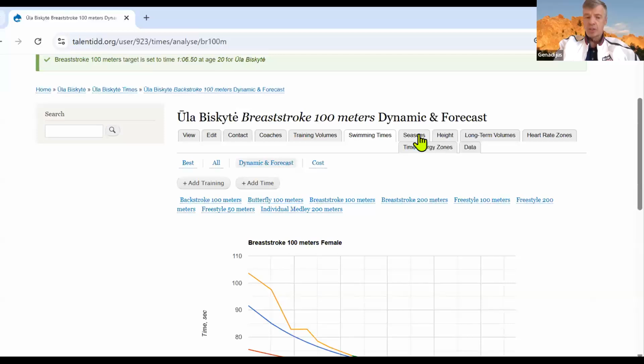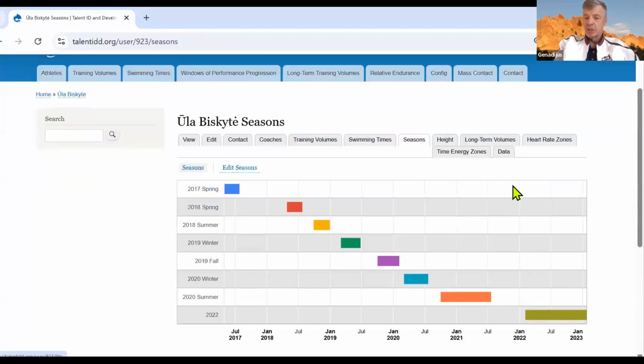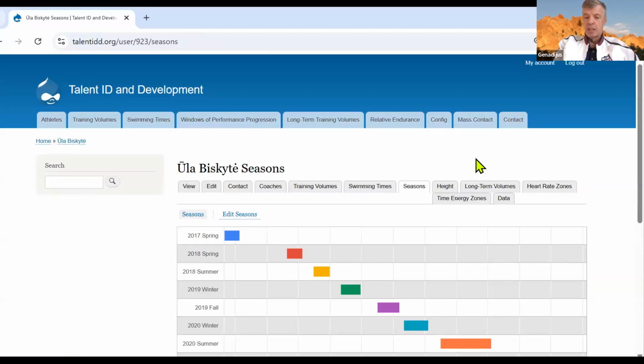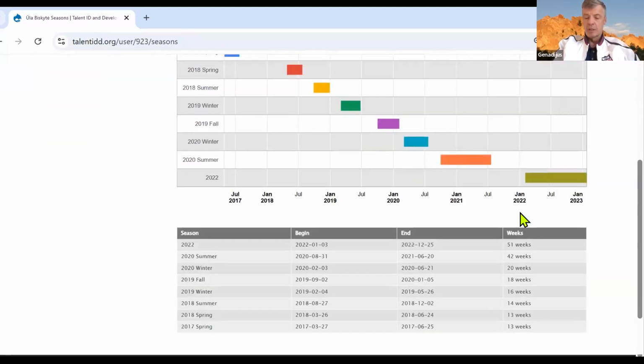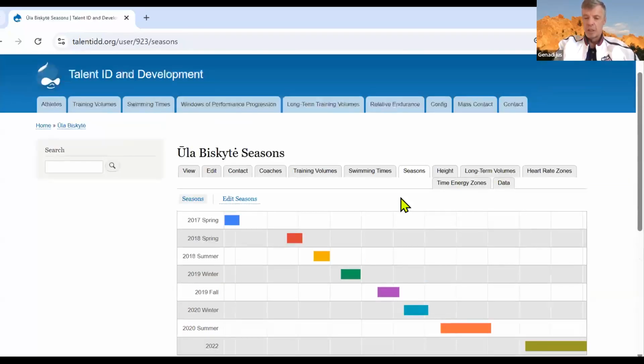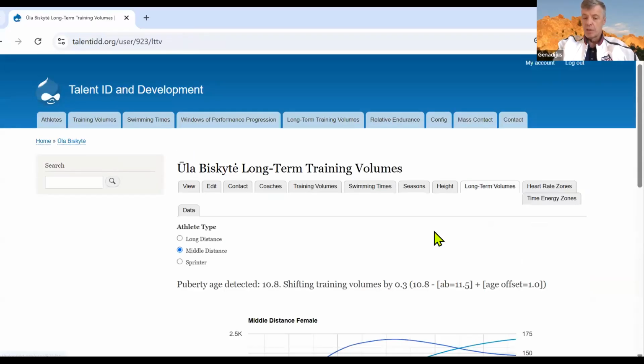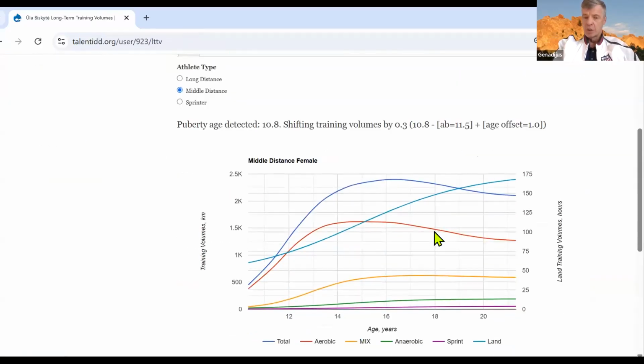Then there are options also to enter training volumes, seasons. See, here are various seasons that this swimmer was training. You can also look at this swimmer's training volumes, how much she was training over here. So even long-term training volumes as well, that's what she needs to do.